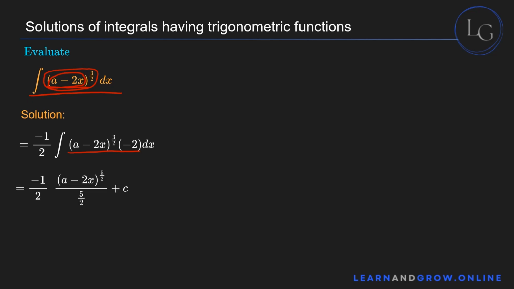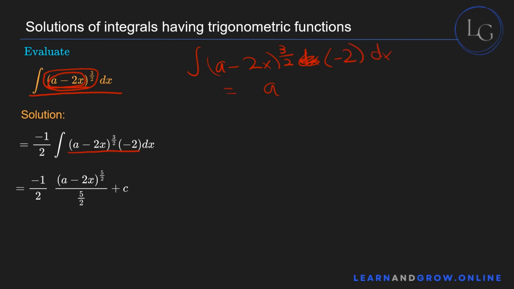So now you'll apply the normal power rule that you applied earlier, which is to say that if you have this particular term, a minus 2x raised to the power 3 by 2 dx, in the integral, basically what this results in is, as before, it'll always be multiplied with minus 2 dx.